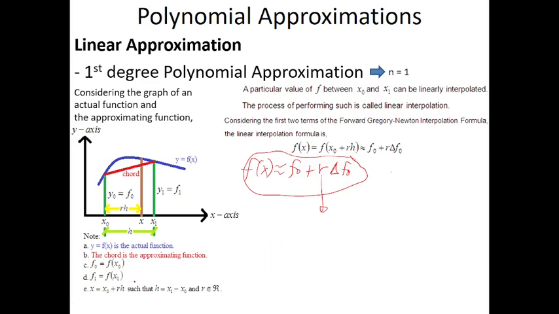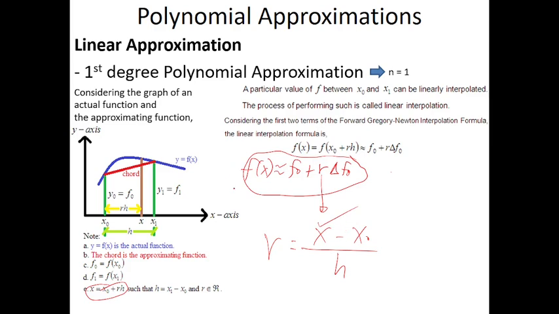So this is the relationship, x equals x sub 0 plus rh, right? Knowing that relationship, r can be expressed in terms of x, where r is (x minus x sub 0) over h. And x has an exponent of 1.